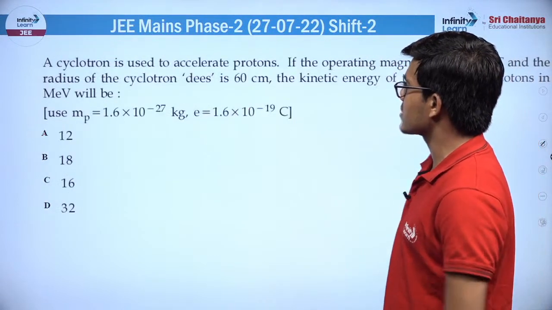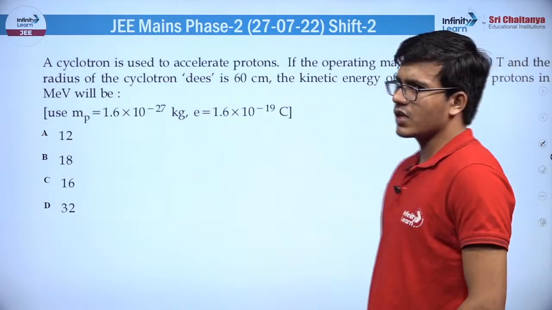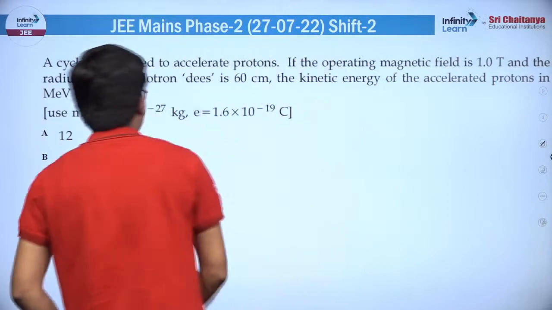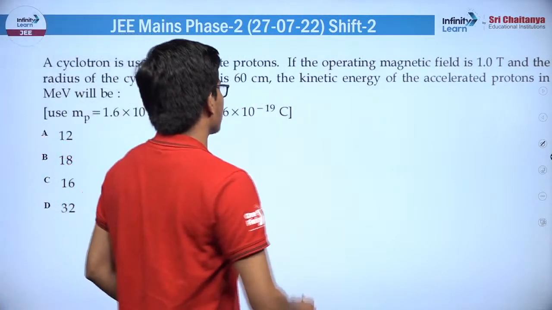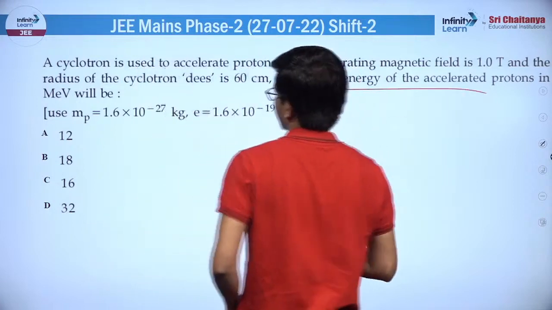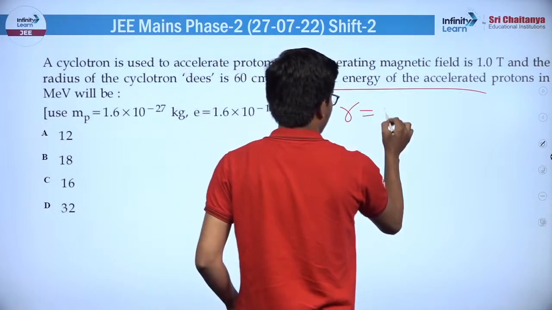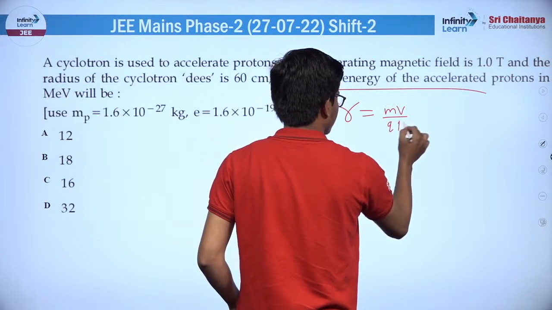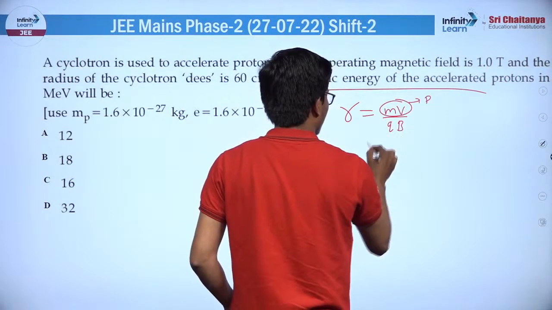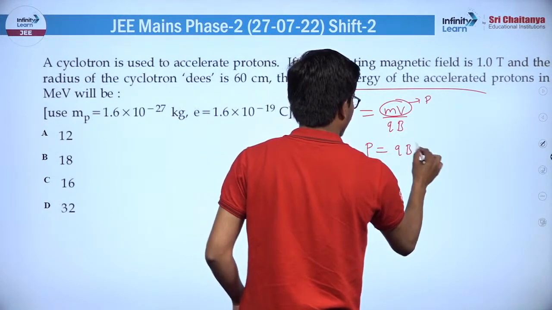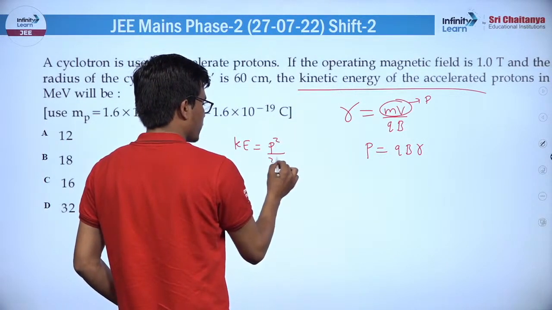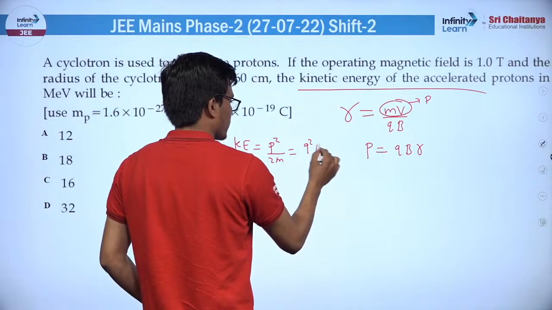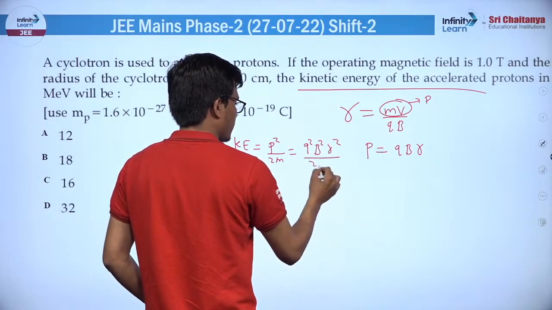Moving to the next question, cyclotron is used to accelerate protons. I would say this is a medium to tough question because it has a calculation only, otherwise it is again a direct formula based question. You have to find the kinetic energy, right? You know that radius is given by mv by qB. mv is momentum, so momentum you can write as qB into r. So kinetic energy is p square by 2m, means q square B square r square by 2m.